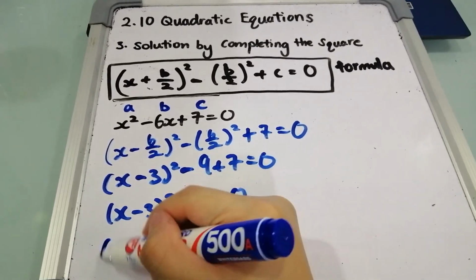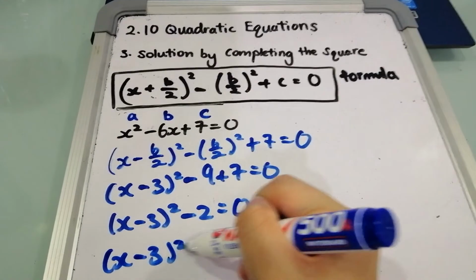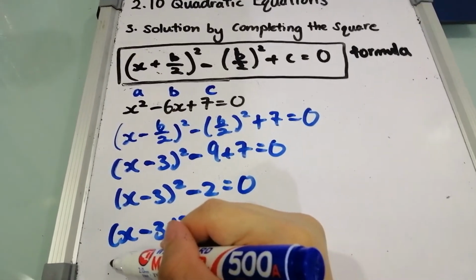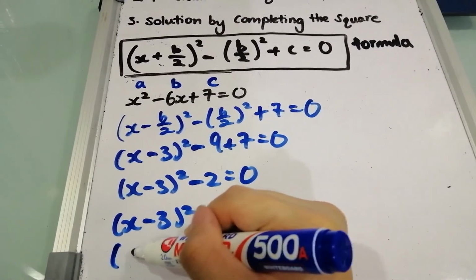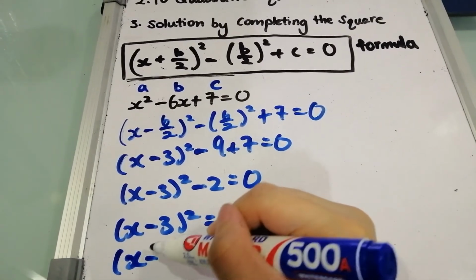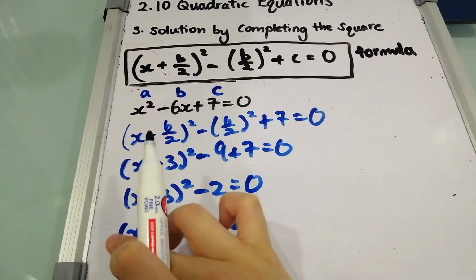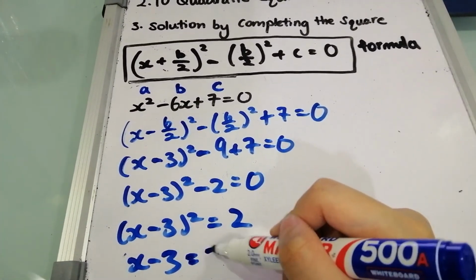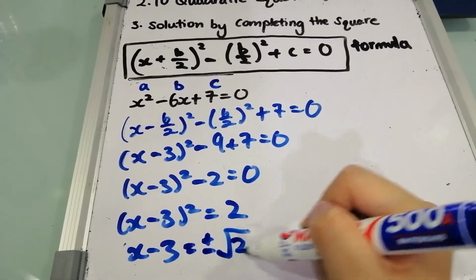So we will bring 2 to here so that we can have 2 solutions, plus minus square root of 2.